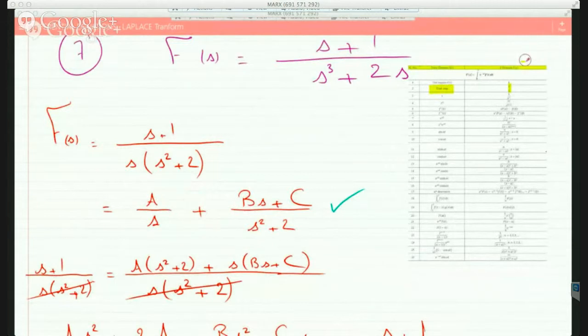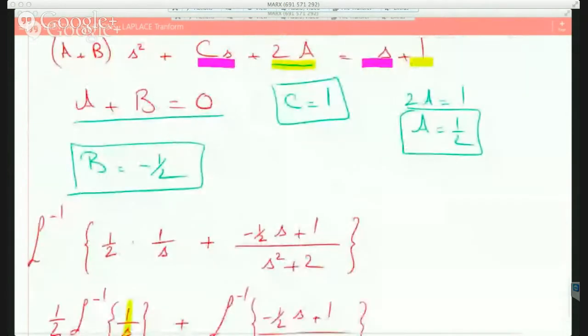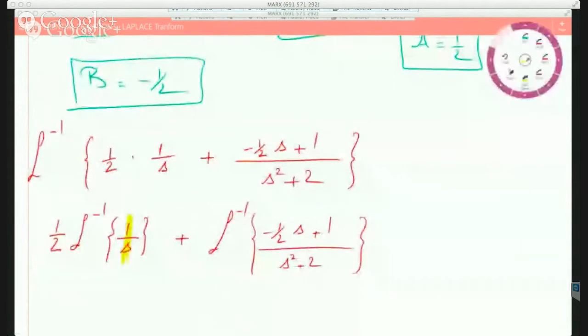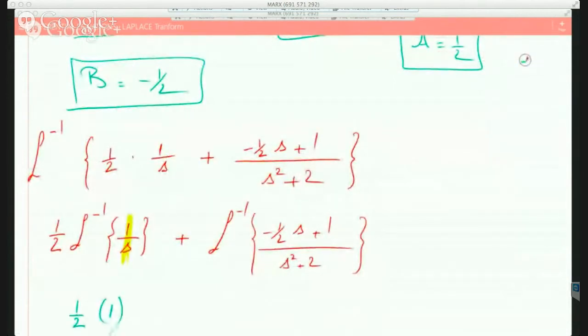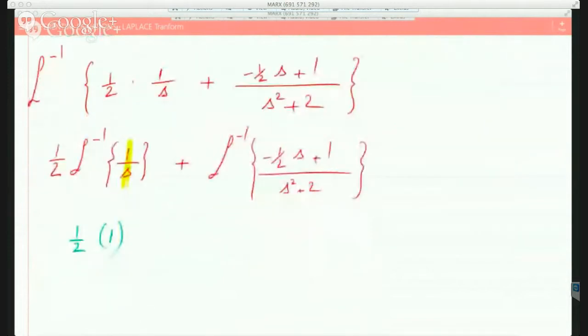So that's just 1. If you look in your table, 1 over s is just 1. So the first part of this is just 1/2 times 1. Okay, plus. Now the second one, we would have to further simplify it.